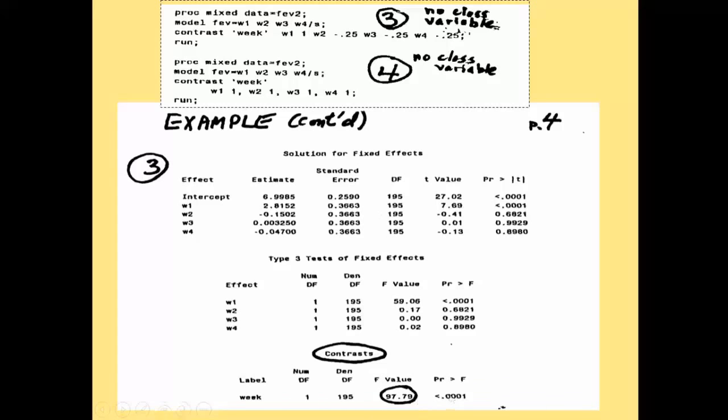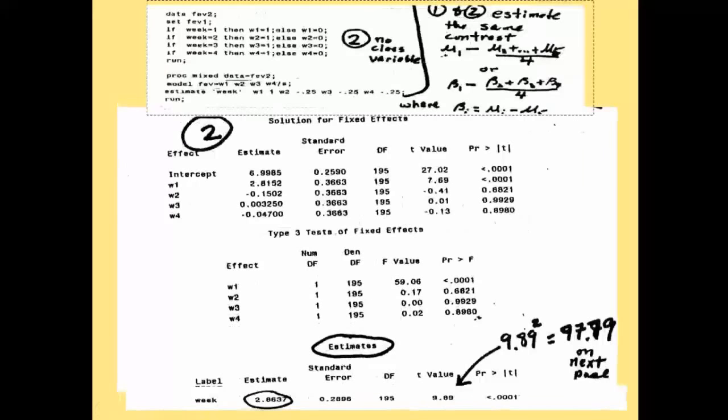Okay, now let me just show you something. Let's go back to this previous thing, back to code 2. See at the bottom where it's got 2.8637? And you see it's got 9.89? And you see above it, it's got a t value? To get an F from a t, what do you have to do?